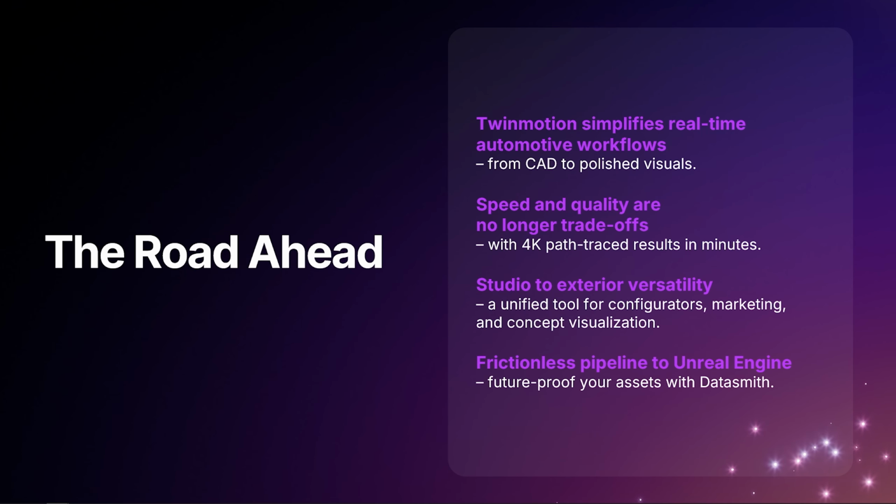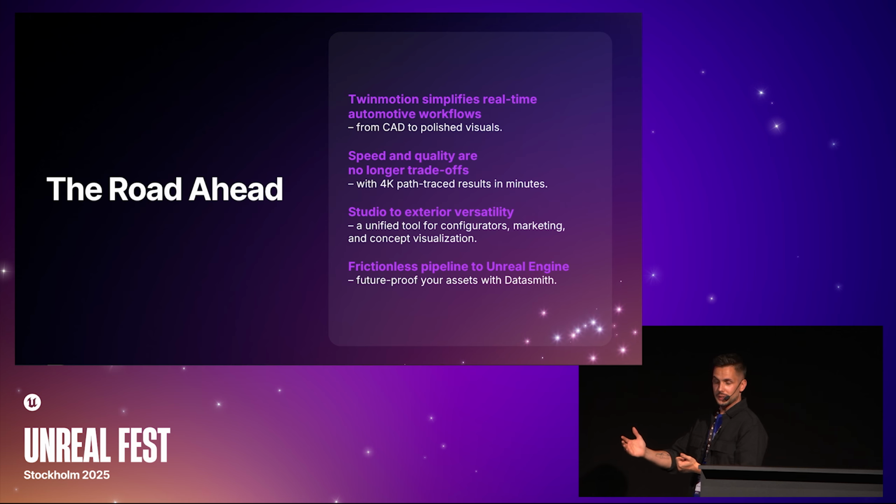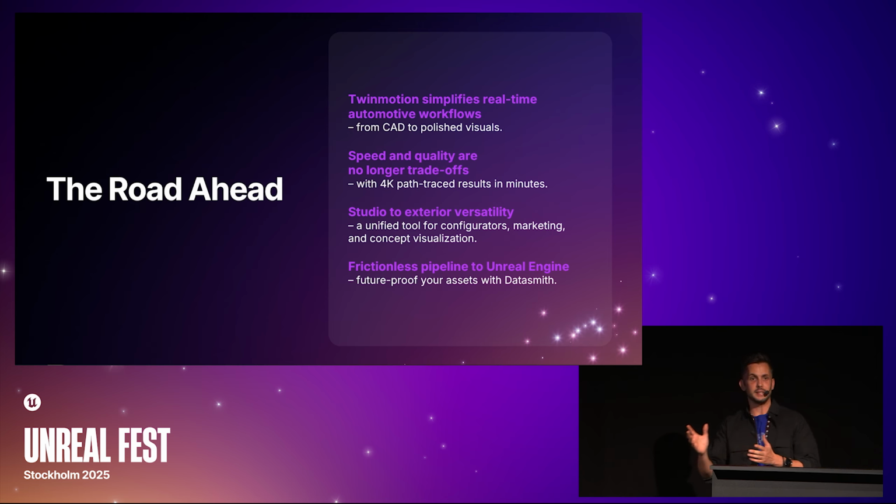Now, to finish off the road ahead, Twinmotion really simplifies real-time automotive workflows from CAD to polished visuals, as you saw in the demo. We can do 4K path-traced renders, automated. Studio to exterior, super versatile. We have dynamic lighting, and as you saw in the studio, we can have a very easy setup with the manual exposure and so on.